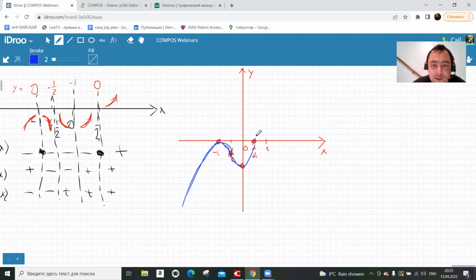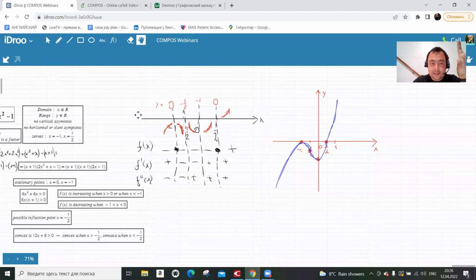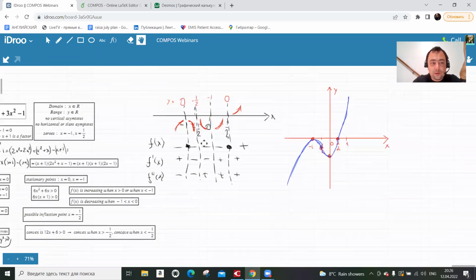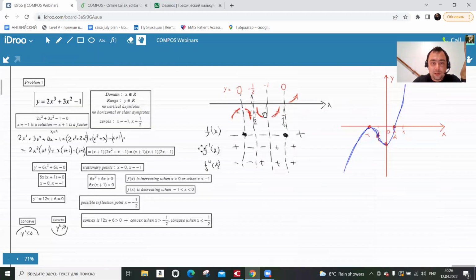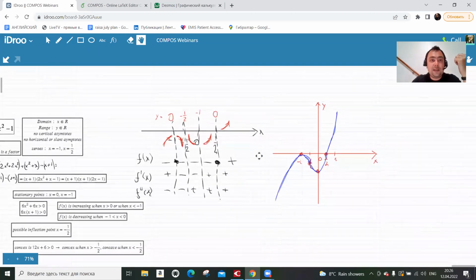And it keeps increasing and it is convex. This is a very elaborate method of analyzing functions, but it gives you a lot of information about the function. One of the things you can do is just start with this table, because this table is amazing.